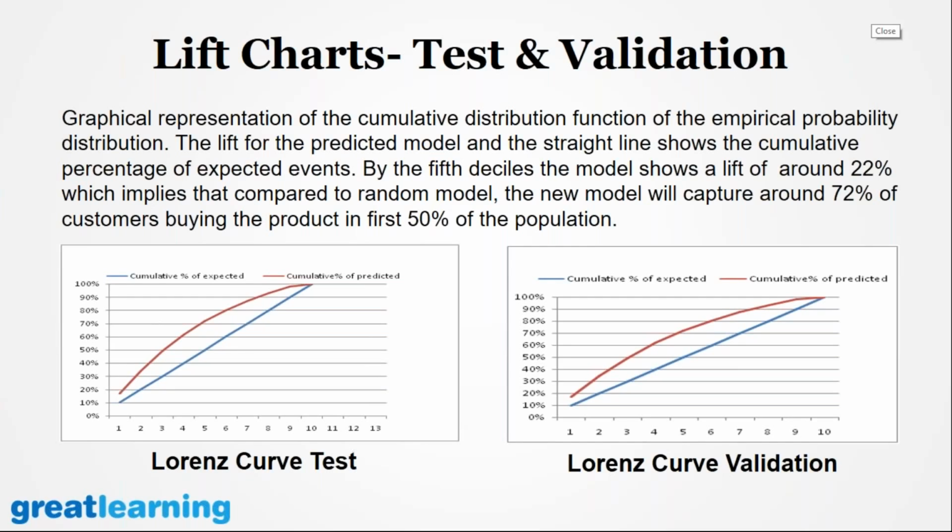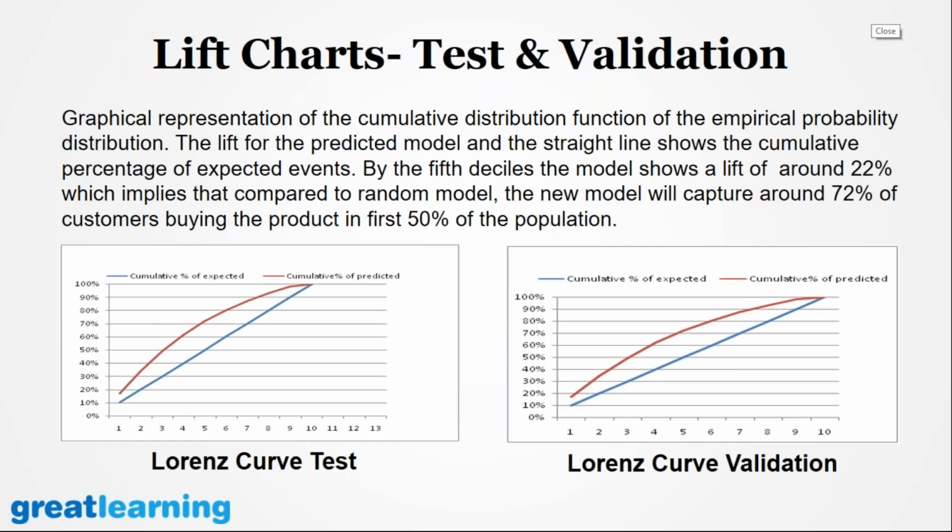This is the graphical representation of the cumulative distribution function of the empirical probability distribution, the lift of the predicted model, and the straight line shows the cumulative percentage of expected events. By the fifth decile, the model shows a lift of 22%, which implies that compared to a random model, the new model will capture 72% of the customers buying the product in the first 50% of the population.